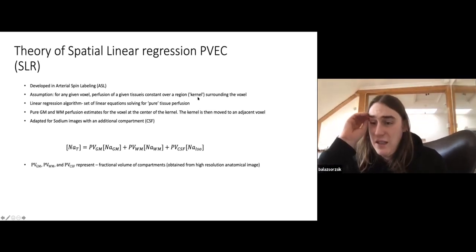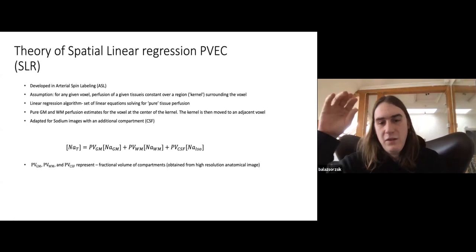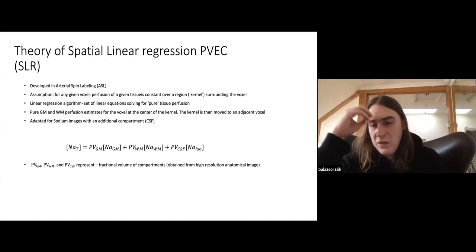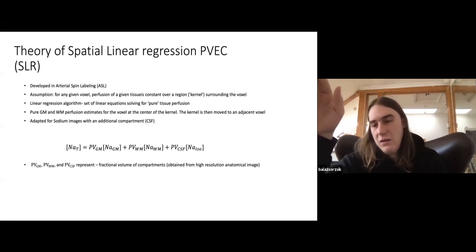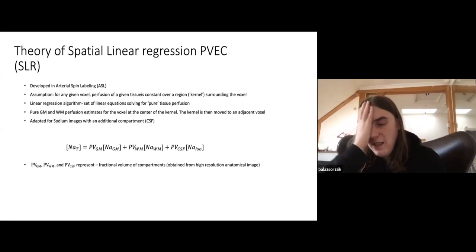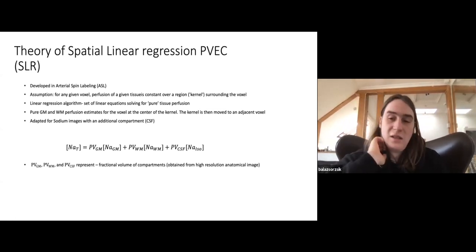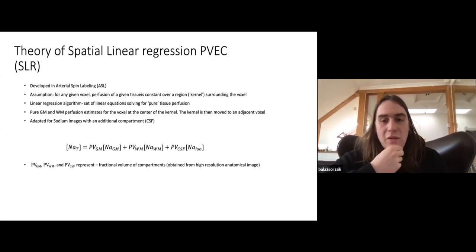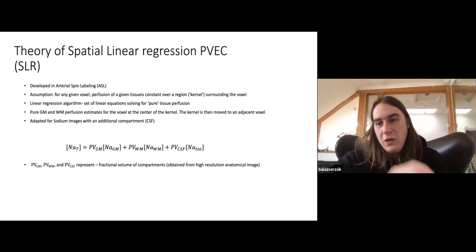So starting with this assumption, a set of linear equations can be set up and solved for the unknown pure tissue perfusion. So basically, this method calculates the perfusion for gray matter and white matter if it only contained gray and white matter.